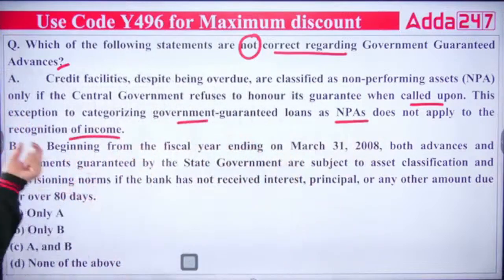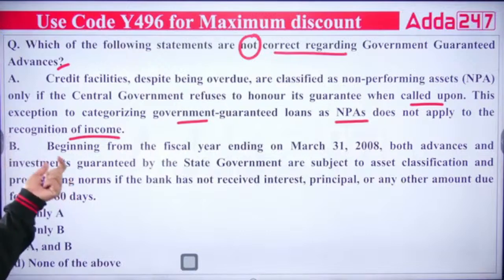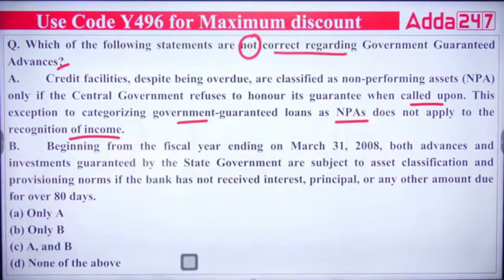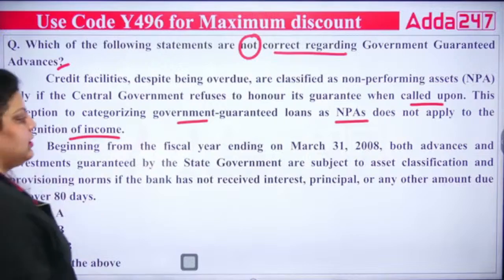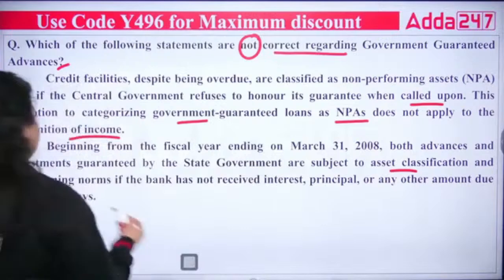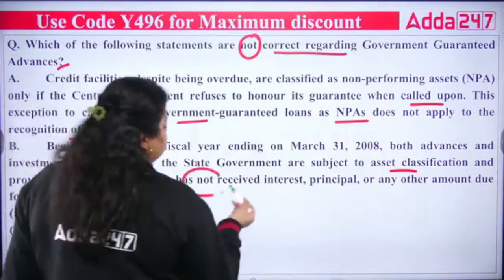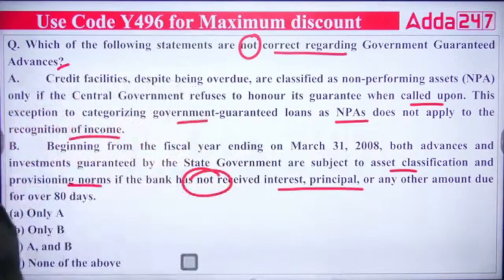Second is saying beginning from the fiscal year ending on 31st of March 2008, both advances and investment guaranteed by state government are subject to asset classification and provisioning norms if the bank has not received interest, principal or any other due for over 80 days. So what do you think, which of the following is not correct?